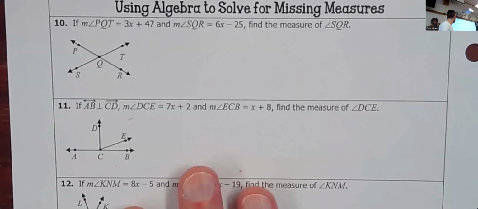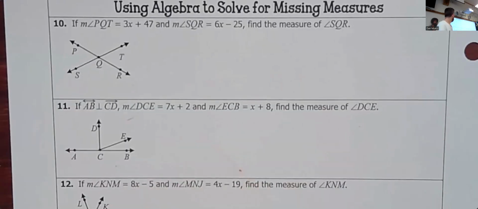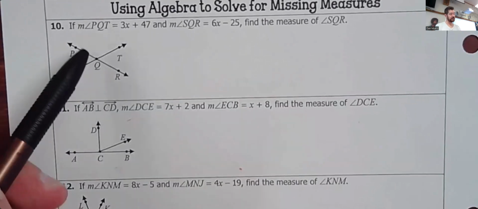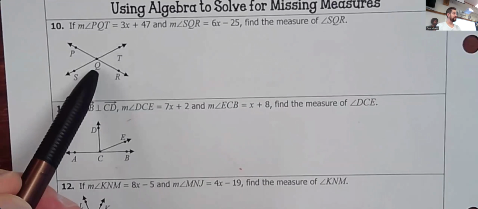So, number 10. If the measure of angle PQT equals 3x plus 47, and the measure of angle SQR equals 6x minus 25, find the measure of angle SQR. All right, so in this diagram, we have 4 angles. We've got the one on the left, one on the top, one over on the right, one on the bottom.